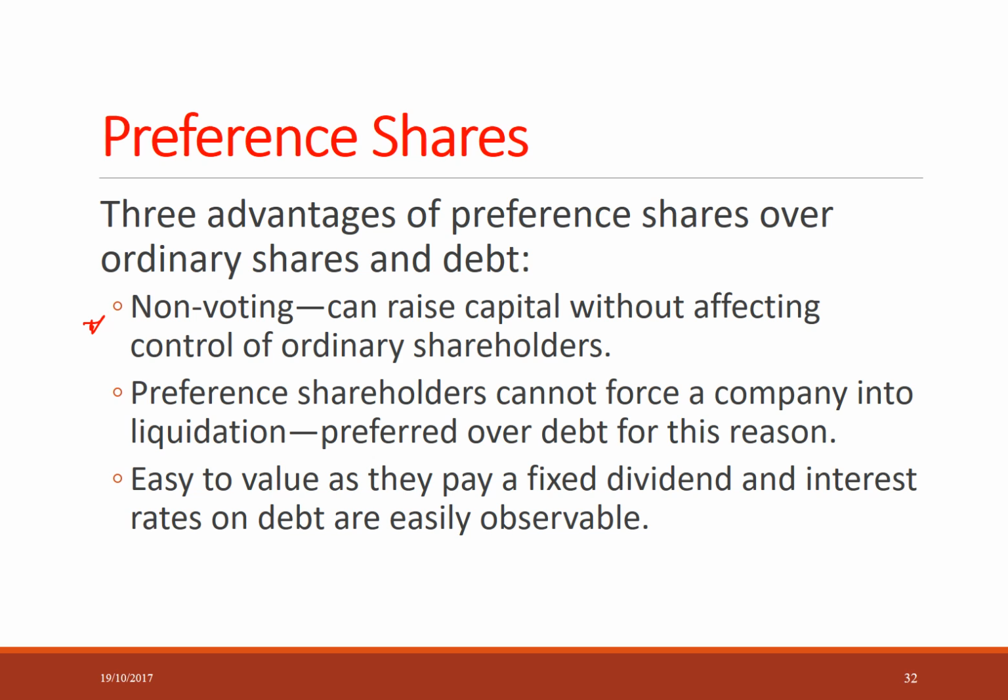Also, for cumulative preference shareholders, they have the right to get the dividend payments in the next period if the company skips the dividend payment in the previous period, but they still cannot force the firm into liquidation. It's easier to value because normally they pay fixed dividends, but as I mentioned before, the cash dividends are easy to value, but the options in the preference shares are more complex to value compared to common shares.